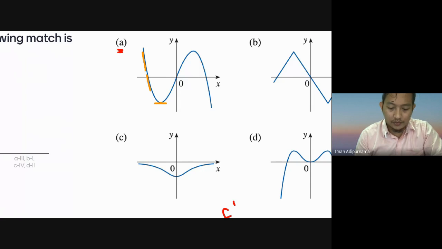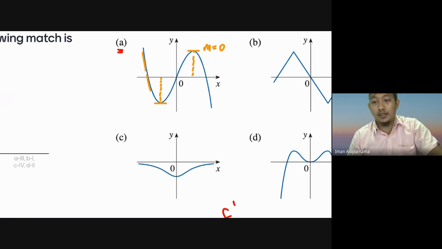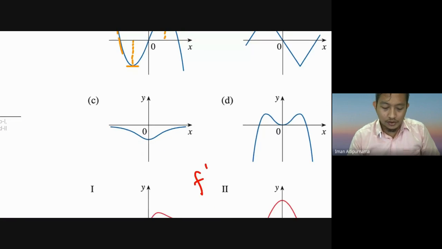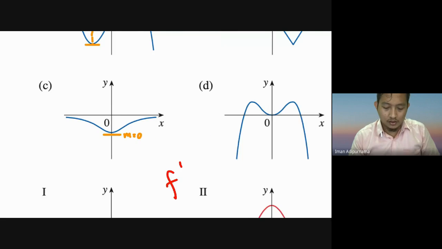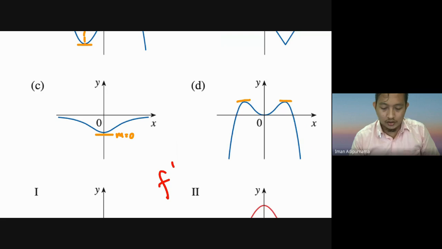So whenever you have a horizontal tangent, let's say at this point here, the gradient is 0, or the tangent is 0. Similarly here, also 0, so m is 0. Also here, here, and here.